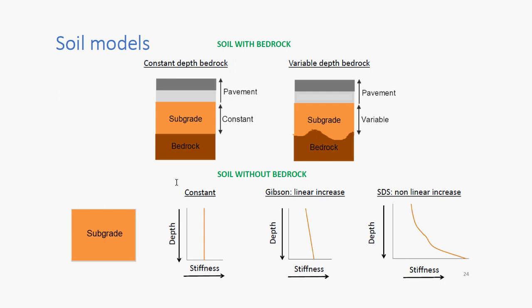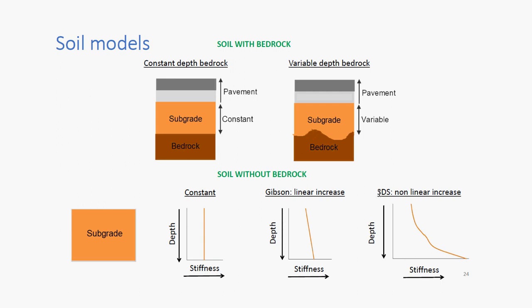And we also have three soil models that do not consider bedrock, namely one in which the subgrade is considered to be of constant property. So no matter how deep we are in the subgrade soil, the stiffness remains constant. Then we have the Gibson soil model that assumes that as we go deeper into the subgrade, the stiffness increases and that the increase in stiffness is directly proportional to the depth which we are considering.